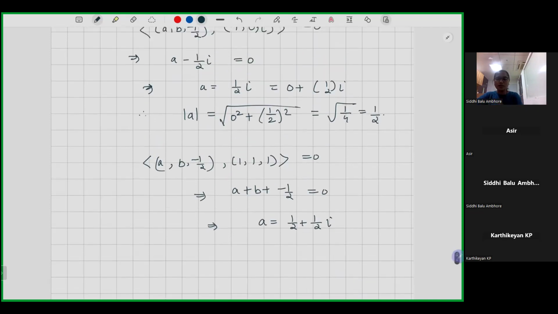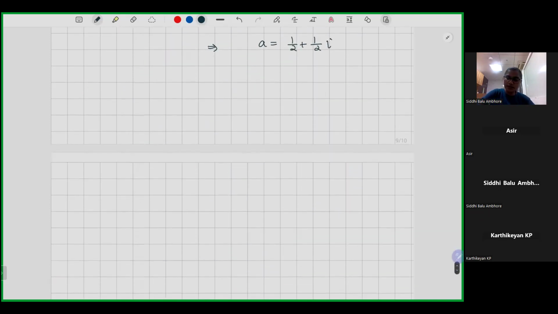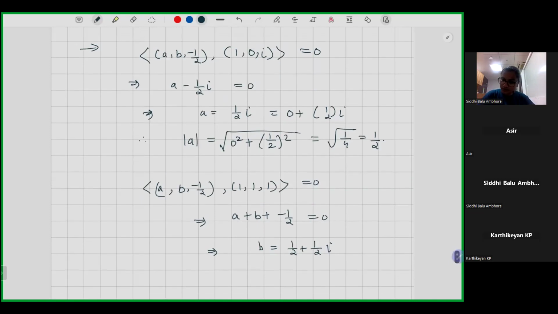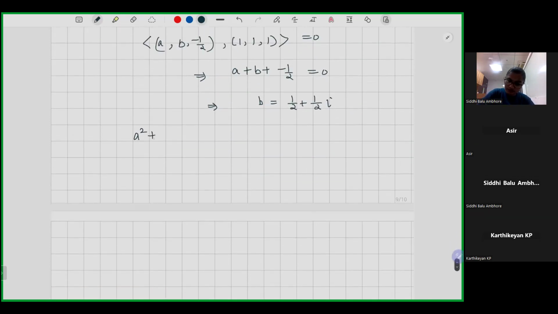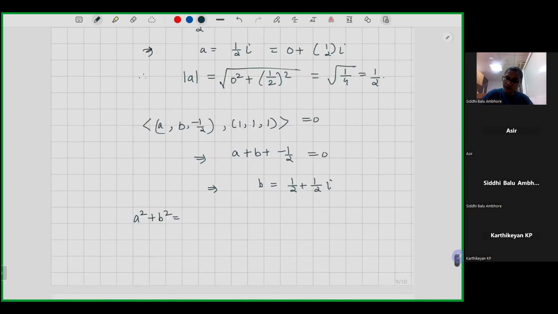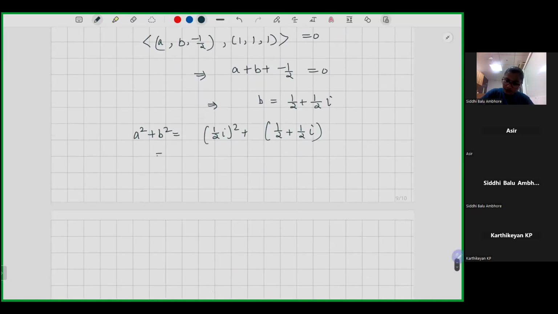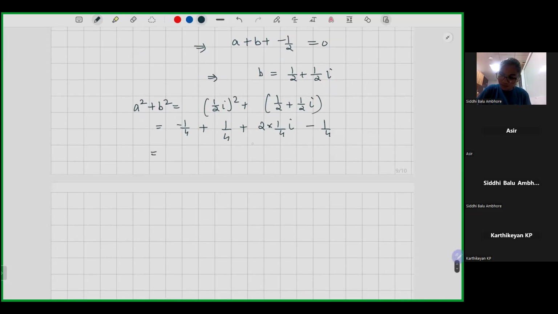Okay, then A square plus B square: A square is 1 by 2i square, plus B square is 1 by 2 plus 1 by 2i square. So it is minus 1 by 4 plus 1 by 4 plus 2 into 1 by 4i minus 1 by 4. So it becomes minus 1 by 4 plus 1 by 2i.